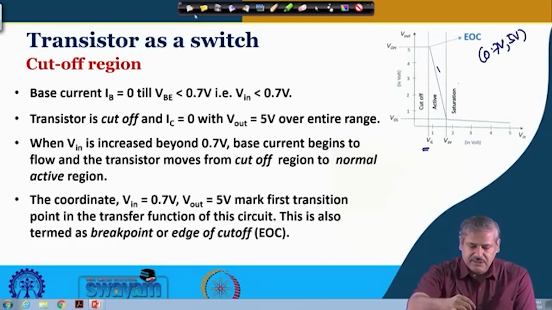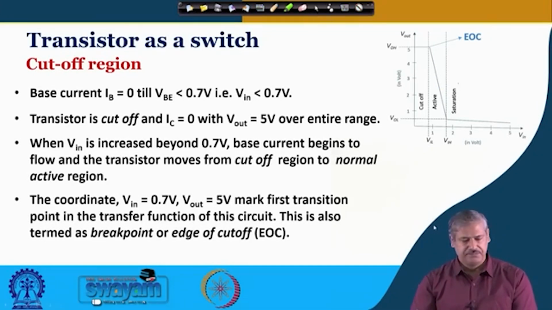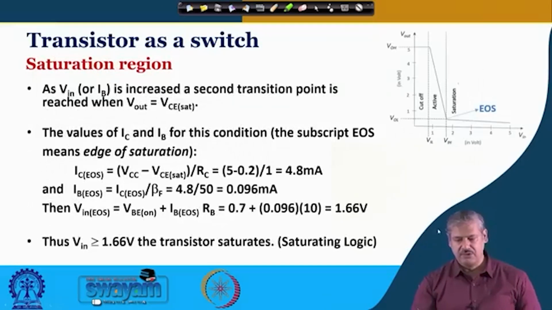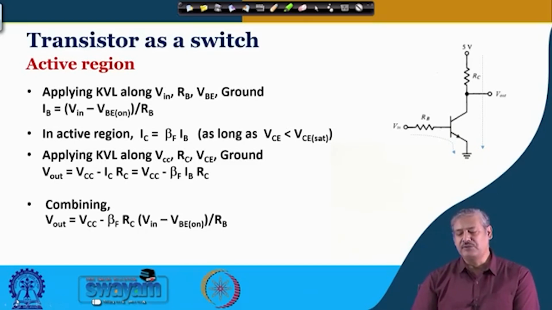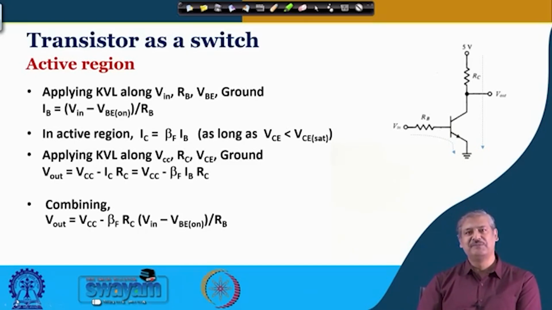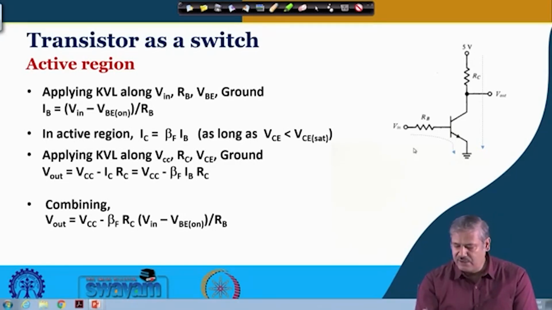Next we shall see what happens when it enters the active region. When it enters the active region, current flows along two loops that you can see over here. One is along this loop, another is along this loop.